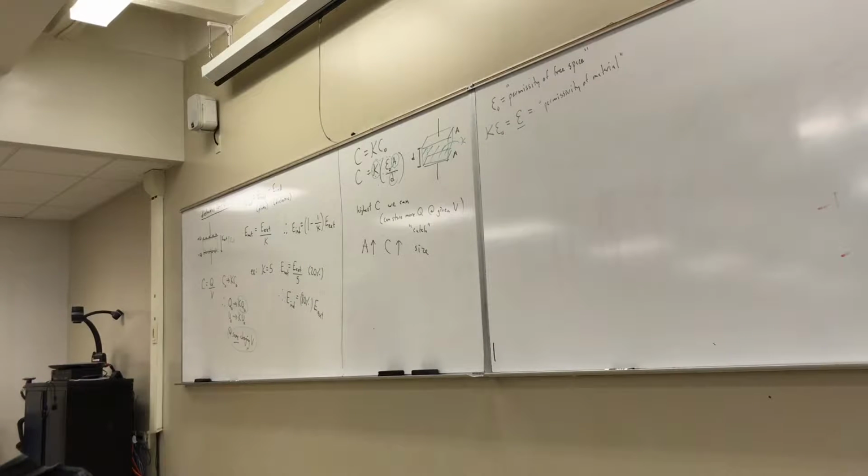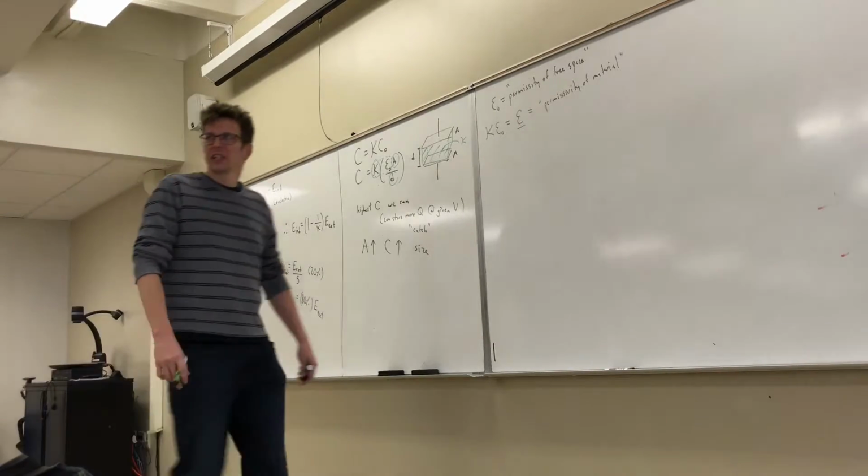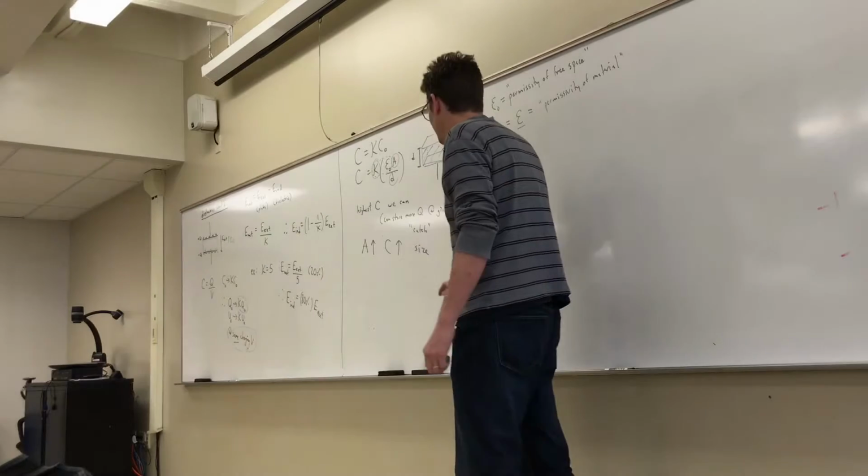Nonetheless, you can play some cool tricks with this. You can create a very large area that takes up very little volume, right? The way you do that is you get really creative with how you pack that area in.